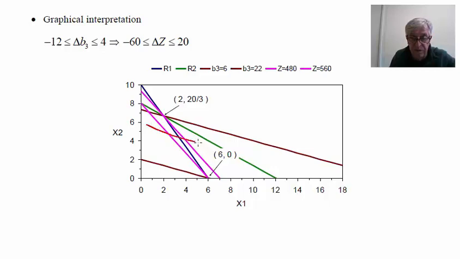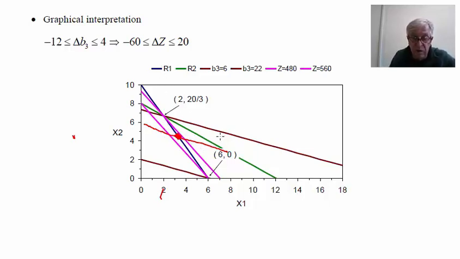Now let's interpret the results graphically. The previous location of the boundary of restriction 3 was more or less as I represent here now. The optimal was the intersection between this line and the blue line, which represents the boundary of restriction 1.